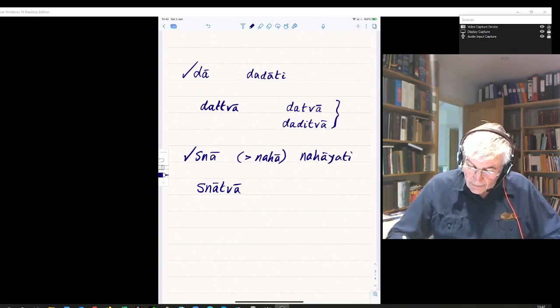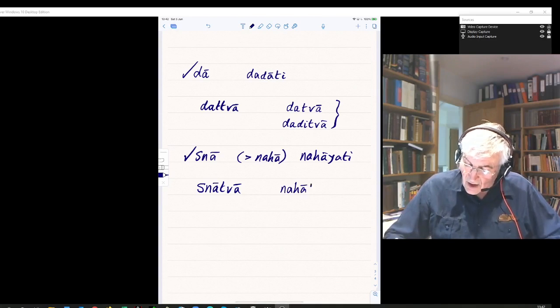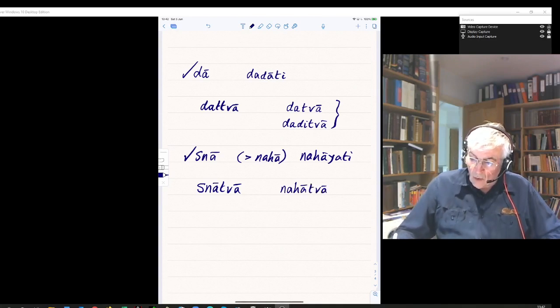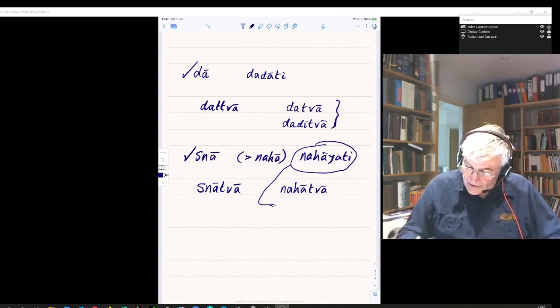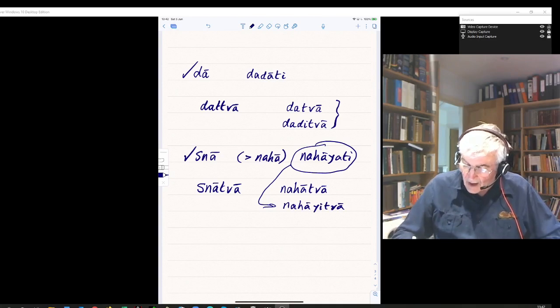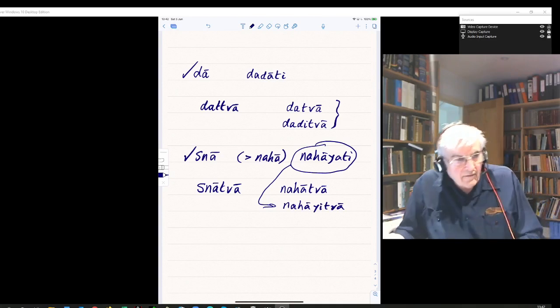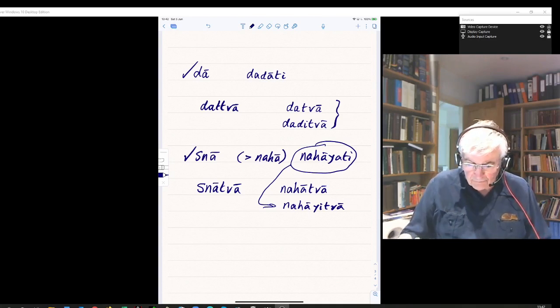In Pali, you can do it straight onto the root, as in Sanskrit. So instead of sna, it becomes naha. So nahatva. Or you can make the absolutive from the present stem as well. So nahayati, nahayitva. Again, the nahayitva, snayitva form in Sanskrit would be wrong, and doesn't exist.